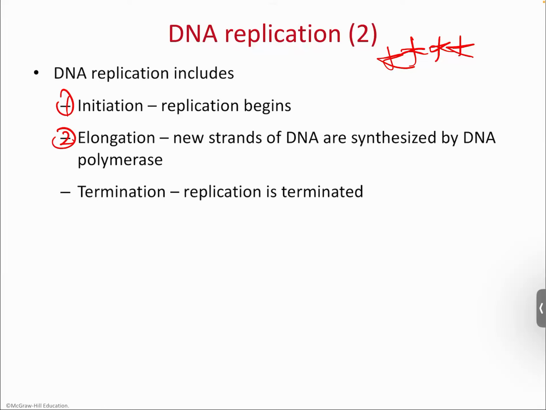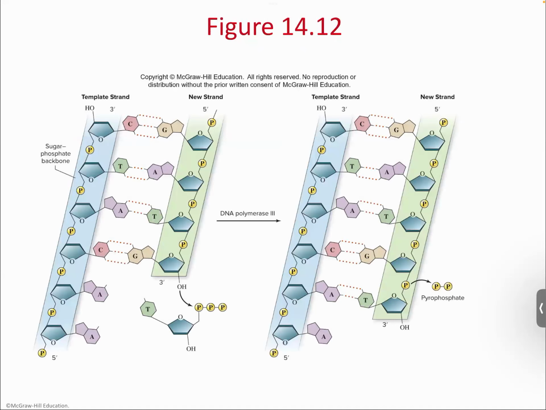So once you get everything set up, you get the table set, then you actually do the job. You actually perform the task of, in this case, putting together DNA. So that's elongation. And then, of course, all good things have to come to an end. And so you have a mechanism to stop, right? So that is basically your termination. So this is true for all of them. For the next 2 chapters, remember that. Initiation, elongation, termination. Okay.